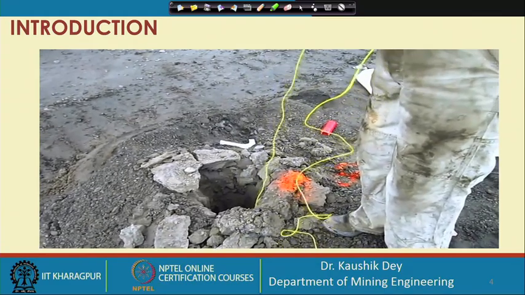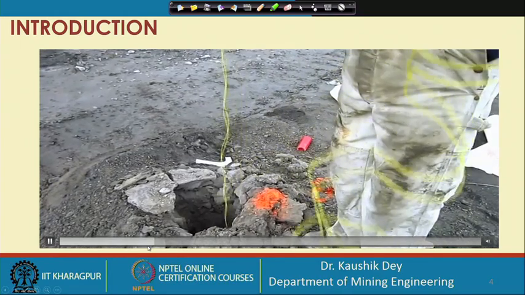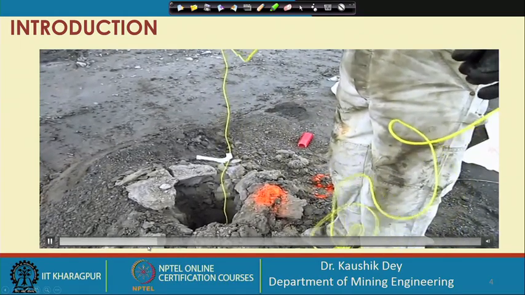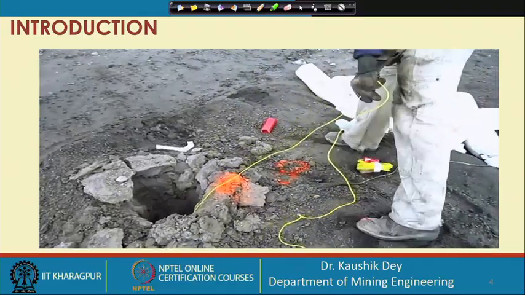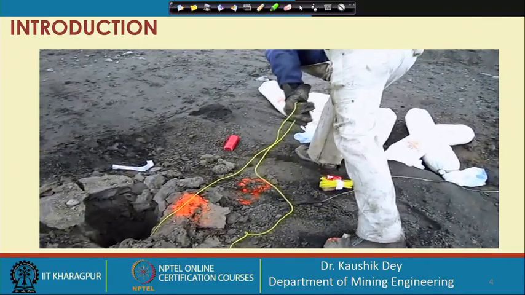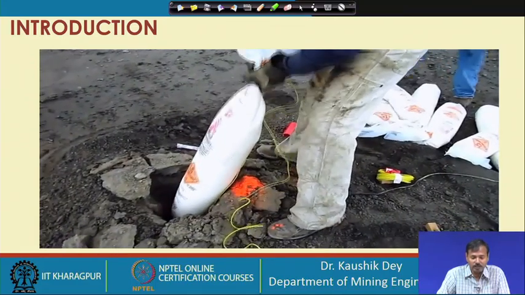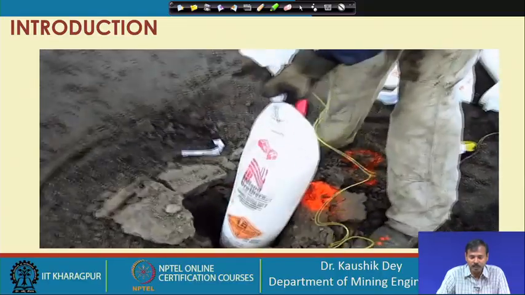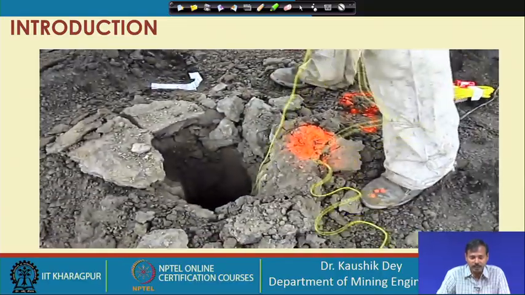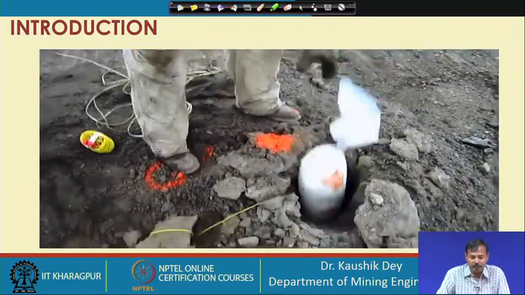So, we are basically inserting the booster into the cartridge. We have already put some explosive cartridge there, then we have inserted the booster fitted with the nozzle, then we are inserting the other explosive cartridge. You have seen a cut mark is given in the explosive cartridge.